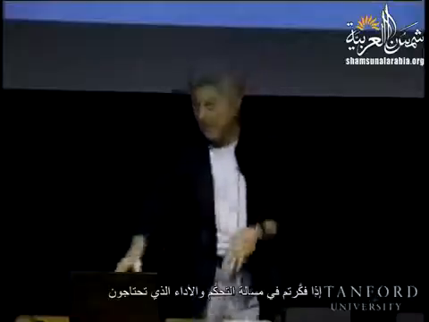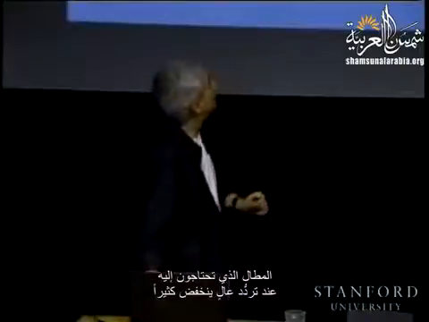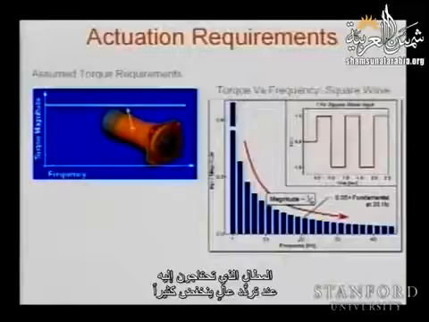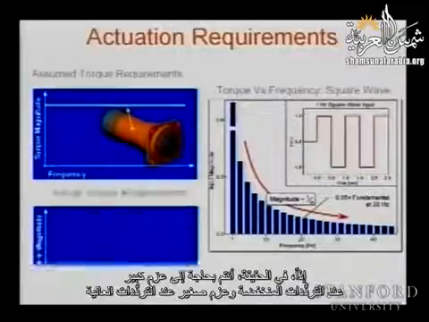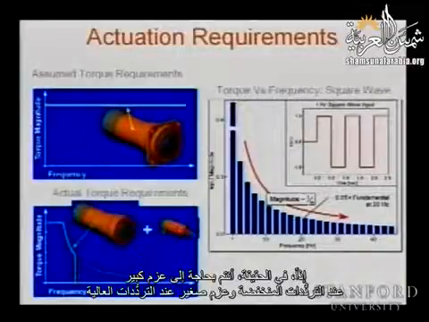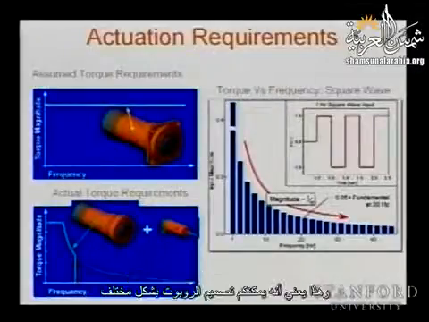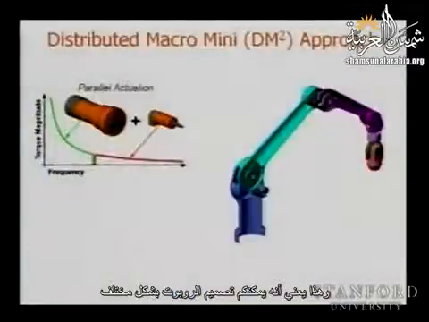Because if you think about the problem in the domain of control and the performance you need, the magnitude that you will need at high frequency is much reduced. So in fact, your requirements are that you need large torques at low frequency and smaller torque at higher frequency, which means you can design your robot differently.